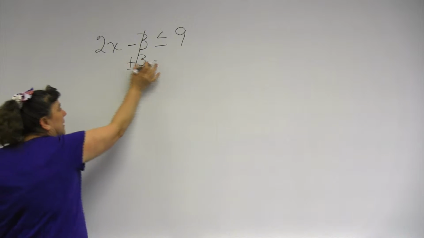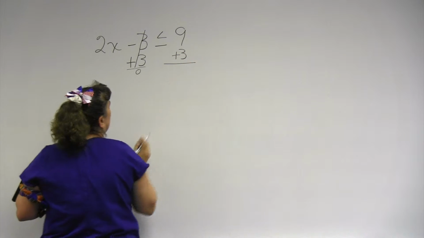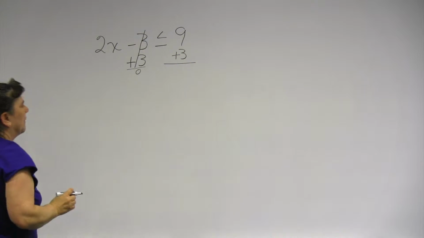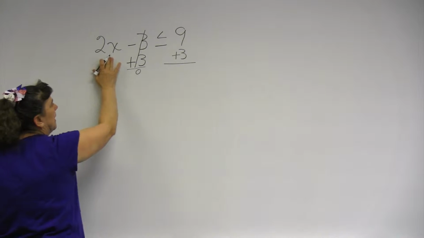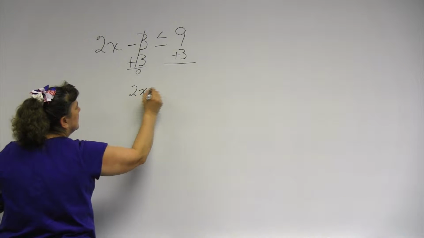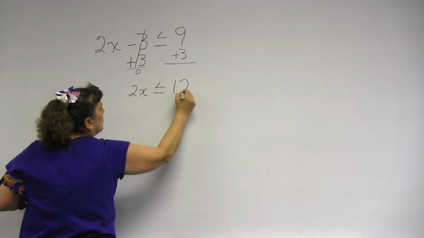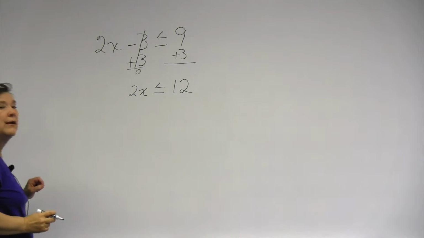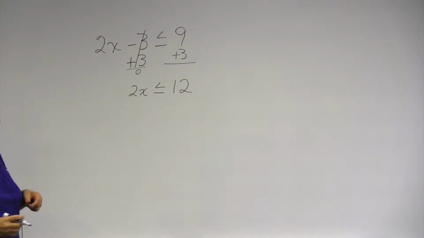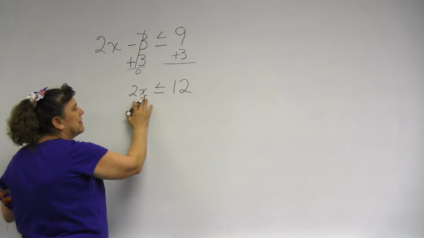But I added 3 here, so I also must add 3 onto the other side of that inequality. Over here now I have 2x minus 0, which is just simply 2x, is less than or equal to 9 plus 3 is 12. Okay? Remember doing that with equations? Yep, that's right. Now we're still going to have to isolate this x.